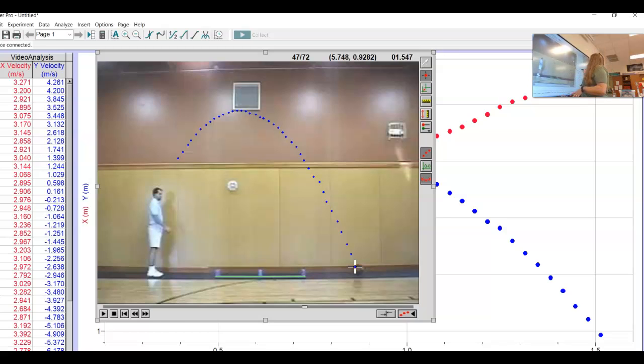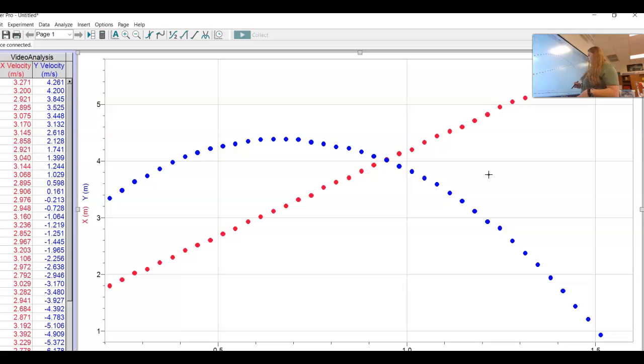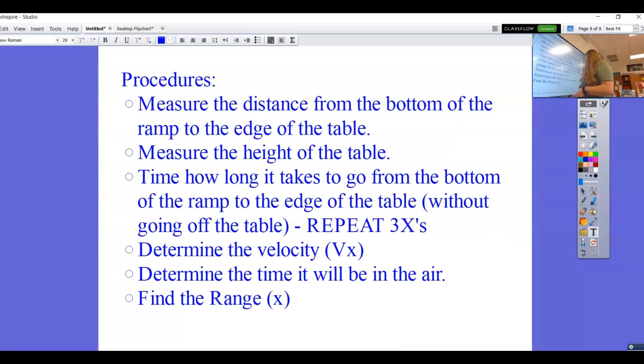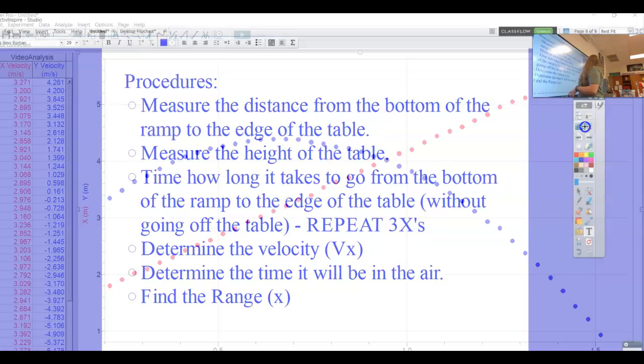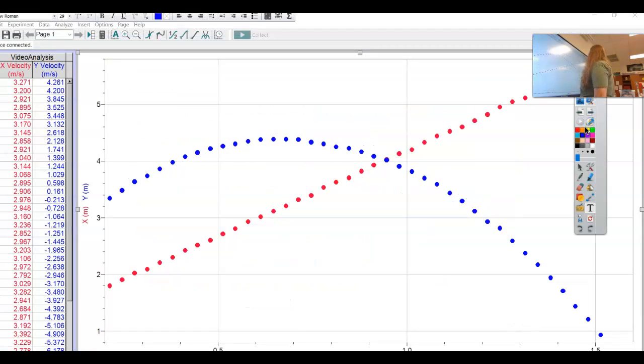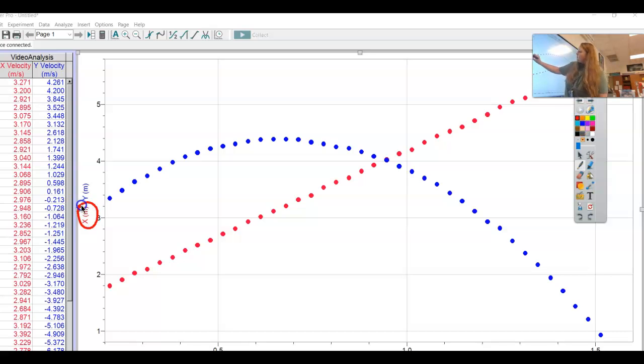So let's look at our graphs now. I want to analyze this motion. Looking here, you'll see that there are 2 parts of our motion. The first component of our motion is represented with an x, and just like in math, an x-axis is your horizontal motion.